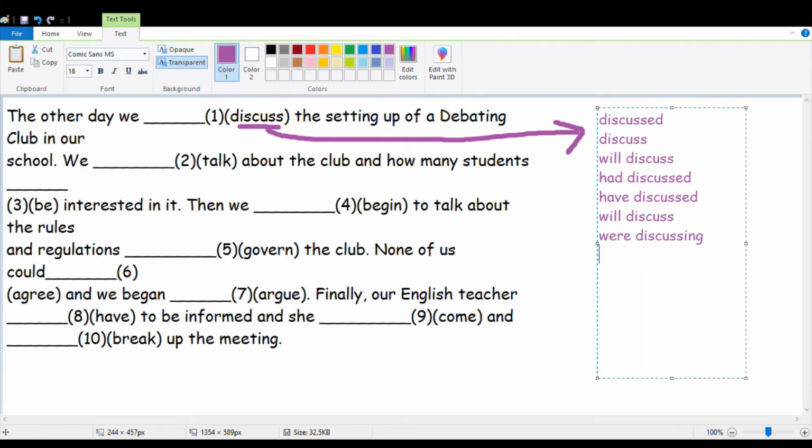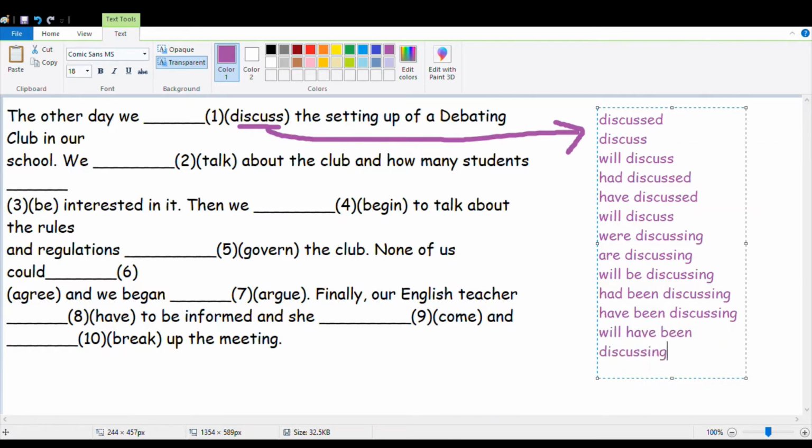Let's just move on. We know it's not going to be are discussing because that's something that's happening right now, and this is obviously in the past. Will be discussing, nope. Had been discussing, that's close, but remember, the perfects are talking about something that happens before the time we're talking about, so I'm going to say no. Have been discussing, nope, because that's present, and will have been discussing, no, that doesn't make sense because it's future.